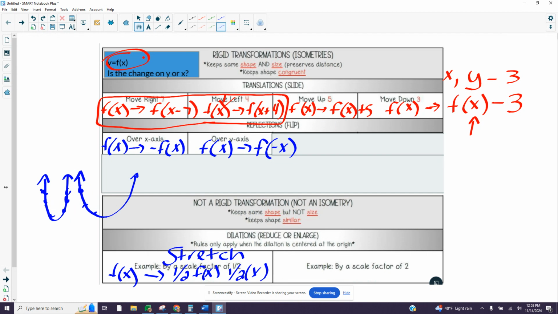So if I factor out that half, I'm going to delete that so I can have some room, then I just have 1/2 of the entire thing, f of x. So everything, the whole function, is being multiplied by that scale factor. The same thing when you multiply by a larger number, your f of x is going to be multiplied by that scale factor. So everything gets multiplied.